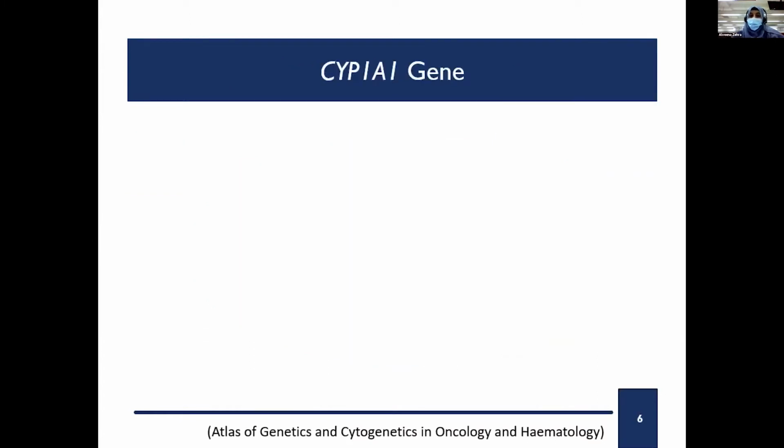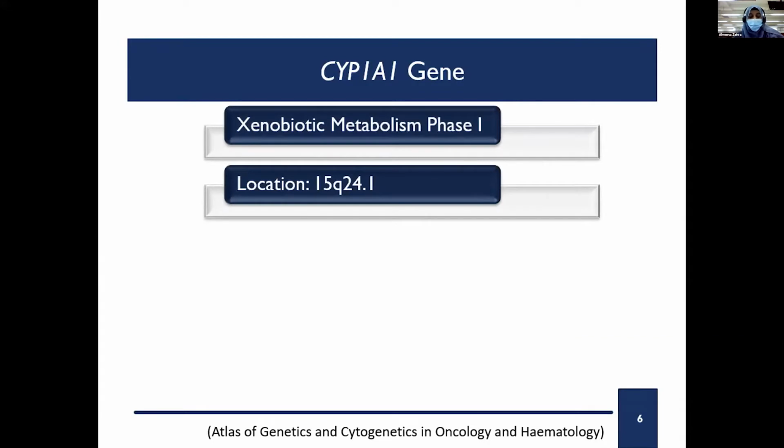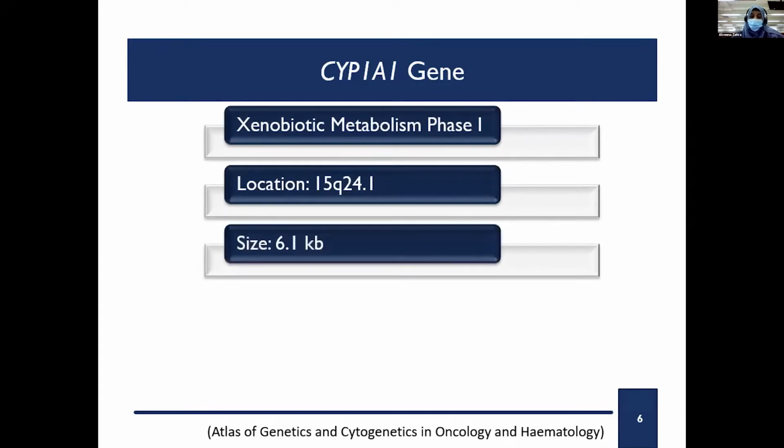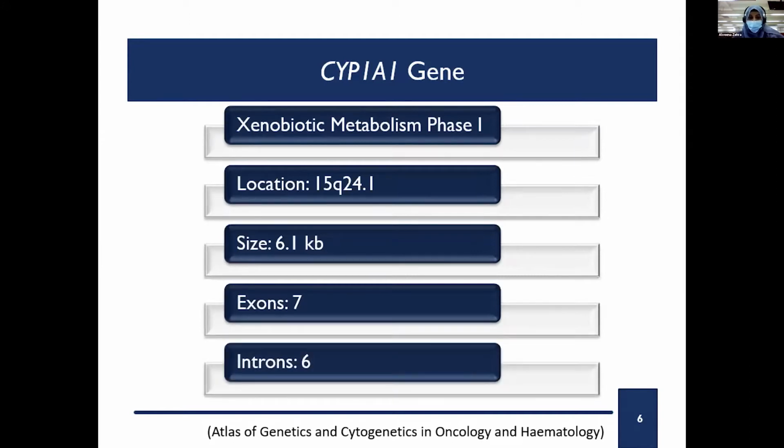CYP1A1 is a gene that encodes the cytochrome P450 1A1 enzyme. This enzyme is a part of the phase 1 machinery of xenobiotic metabolism. It is located on chromosome 15, is around 6 kilobases in size with 7 exons and 6 introns.